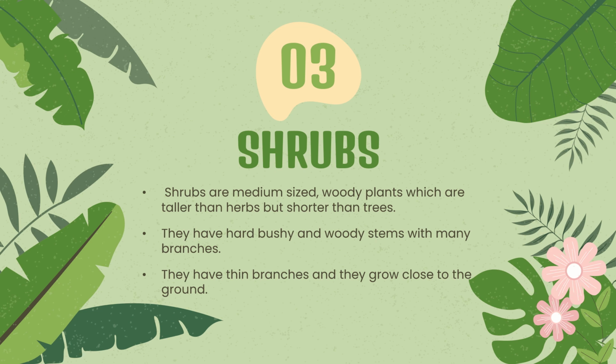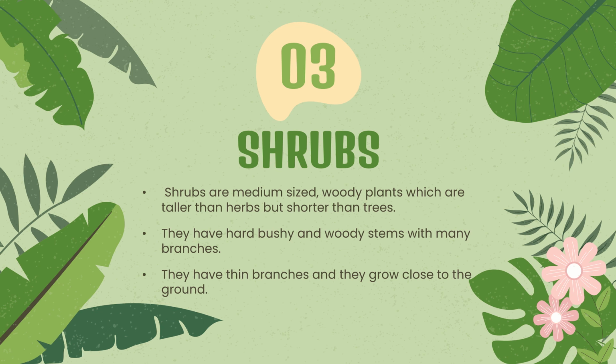So the plants which are medium in size, that are smaller than trees but larger than herbs, those type of plants are called shrubs. They are usually bushy in nature and they have very thin branches as compared to trees. Trees have little thick branches, but shrubs have thin branches.